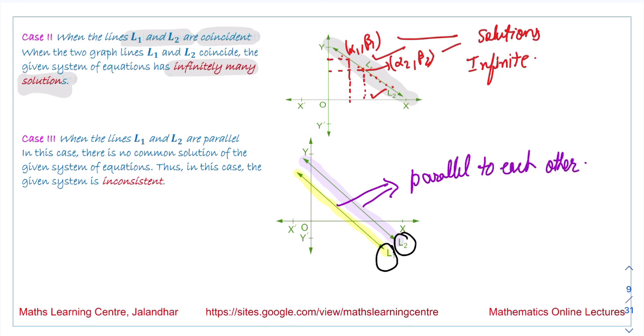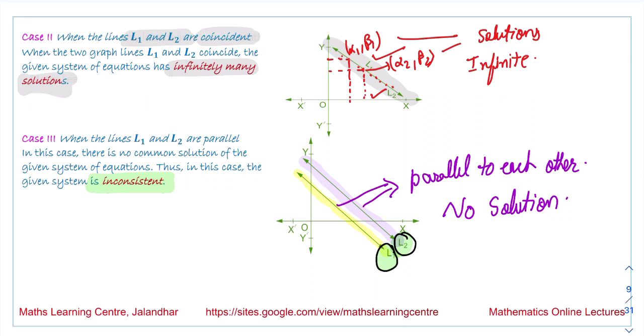Both these lines are parallel to each other, so they are not intersecting at any point. So in this case we are saying it has no solution, and the case of no solution is also known as inconsistent. So the graph looks like this: when we draw the equations, this L1 line is there, this L2 line is there, and they are not intersecting at any point.